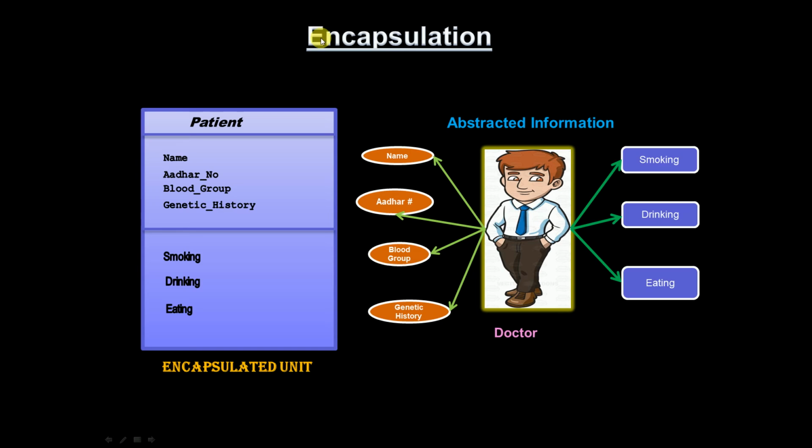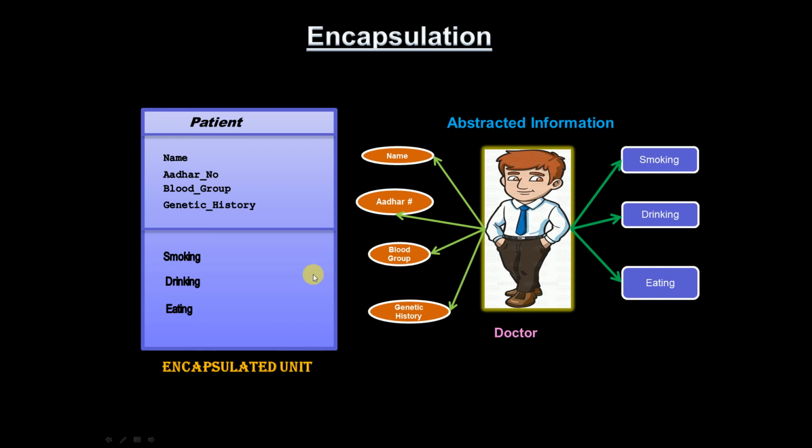Whenever you create the encapsulated unit, it holds abstracted information, so whatever information you keep is required for your project. Unnecessary information we are not keeping. That's why we say an encapsulated unit is well abstracted information.